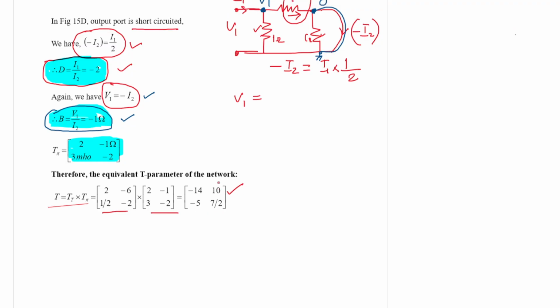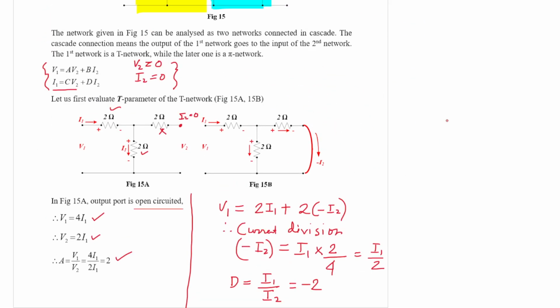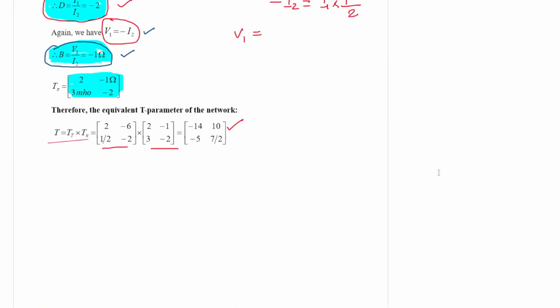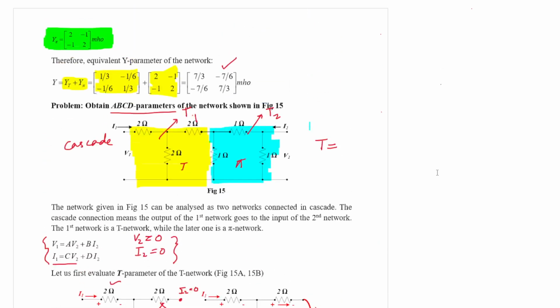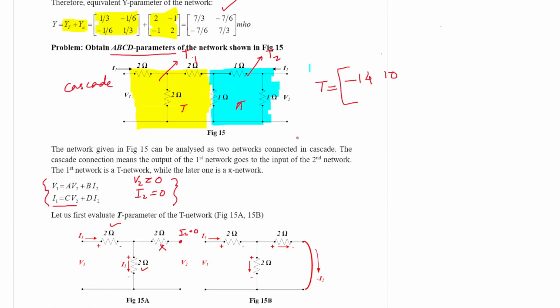Okay. So if you have this network, its equivalent T parameters are minus 14, 10, minus 14, 10, minus 57 by 2, minus 57 by 2.